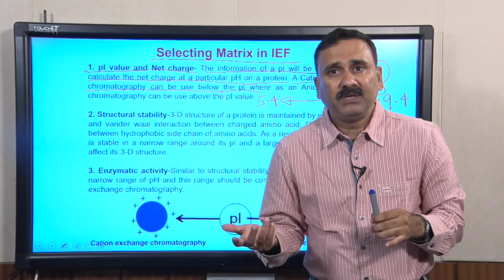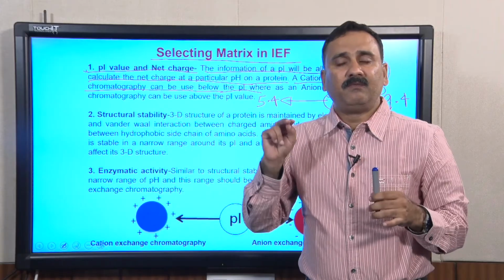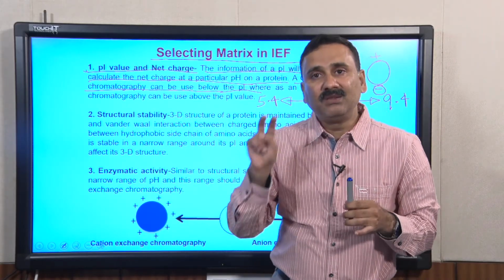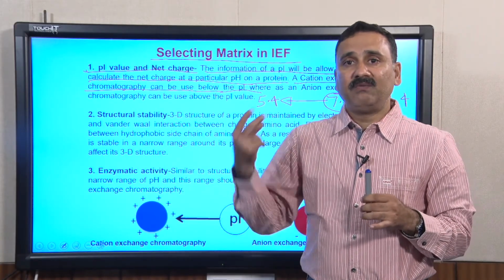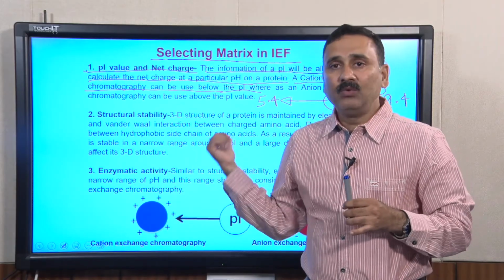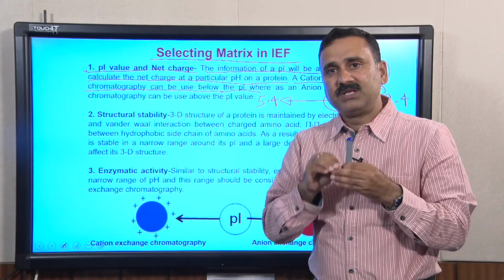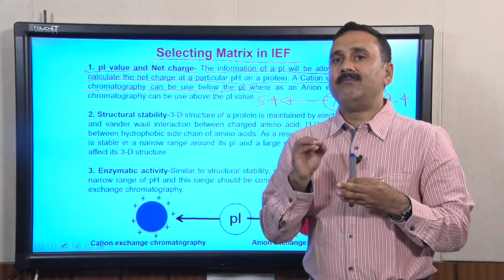Why the 2 unit difference, why is 2 units of pH required? Because what people have realized from their experience is that this much difference is good enough to impart sufficient charge onto the protein, and that will allow it to bind to the positively or negatively charged ligands present on the matrix.